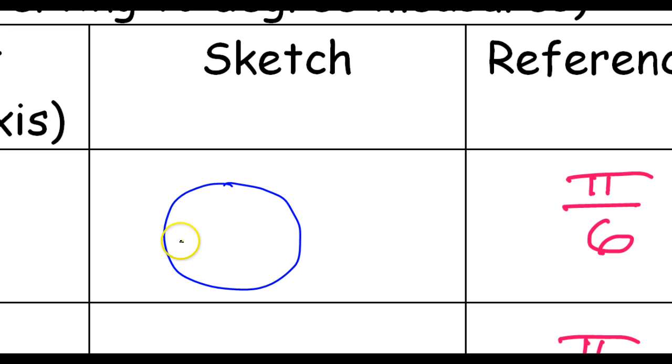Alright, the sketch will help me. I'm dealing with the reference angle of pi over 6, so I'm going to divide this up into pi over 6's. So far that's pi, a semicircle. If I split it like this, now I have pi over 2, half pi. Now if I split each one of these into 3 pieces, then I'll have 6 up top.